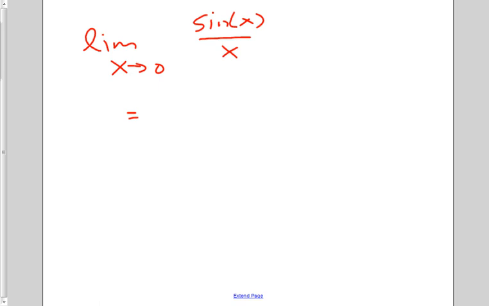Well, we know that our conditions are met. The limit as x approaches 0 of sine of x equals 0. The limit as x approaches 0 of x equals 0.